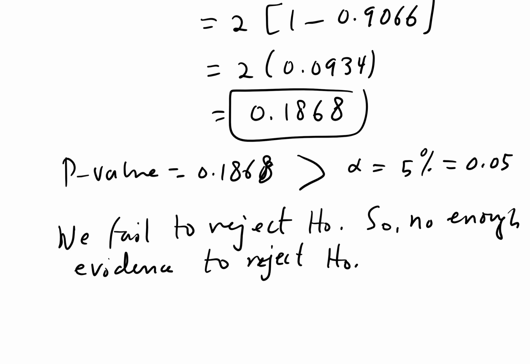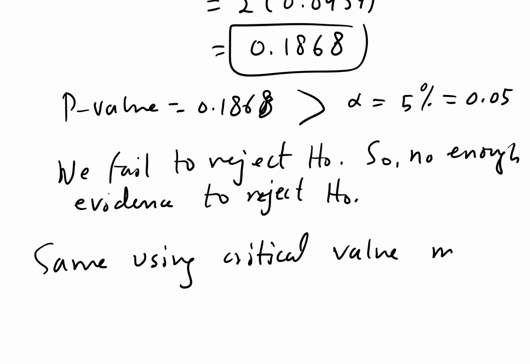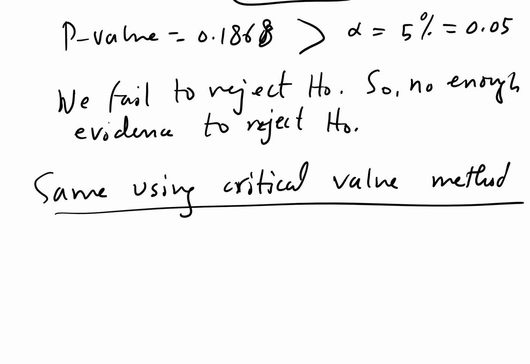So now what if we would like to do the same thing using the critical value method? To do so, we already have z sub 0.